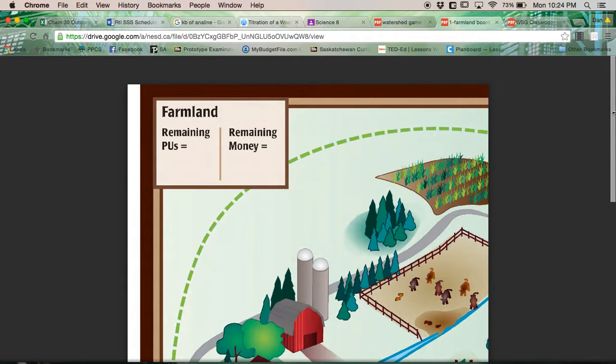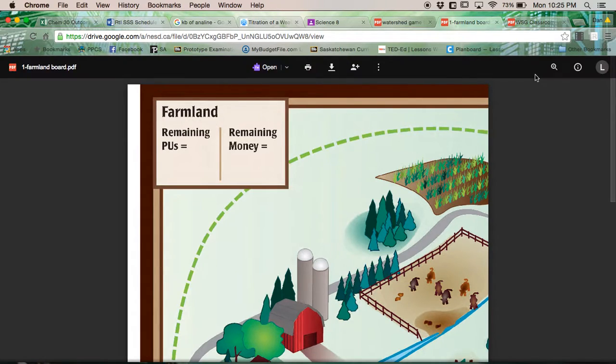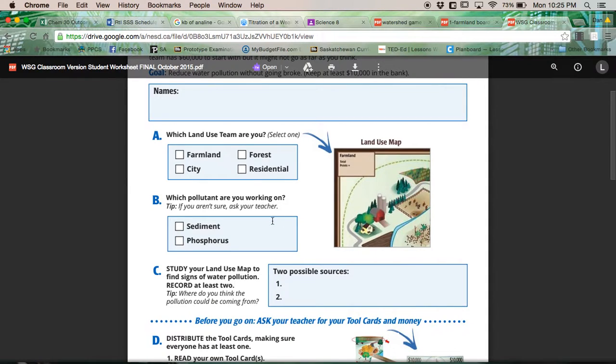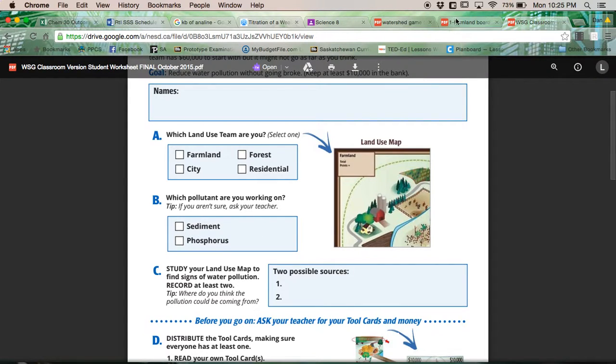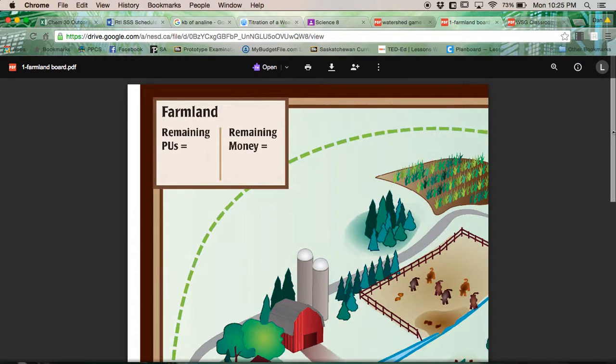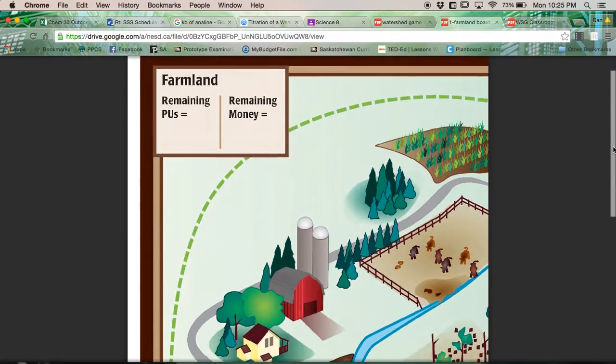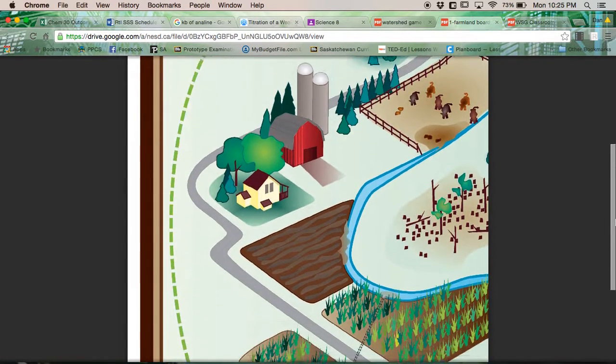What you need to do is look at your map to determine the possible sources of pollution. In your handout, you're also given whether you're looking at sediment or phosphorus. So when you look at your map, you'll see, where is possible sediment coming from?